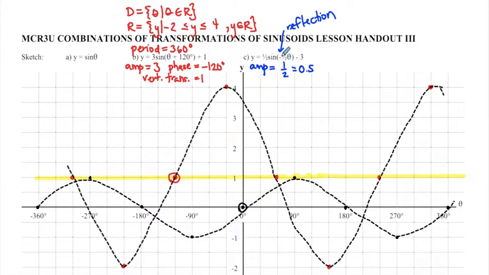I also know that I'm going to have a horizontal stretch in this case, and my K value is -1/2. That's important to think about as well, because it affects my period. To figure out the period, you take your 360 and divide it by the K value.